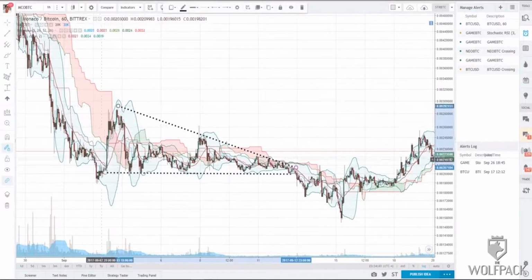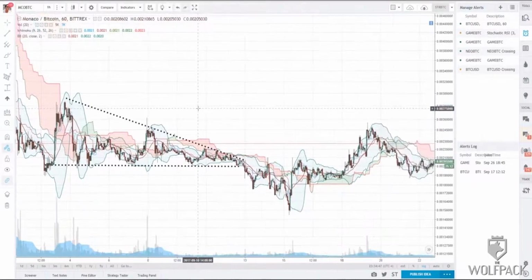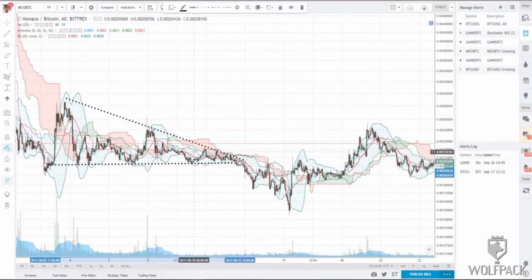Every time it bounced up, it just kept getting shorted, especially towards the end once I had 2 points confirmed on the ceiling.